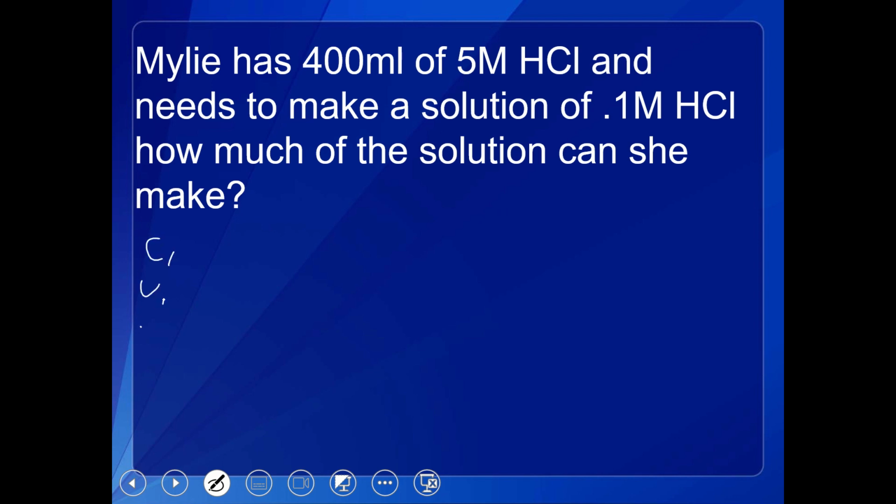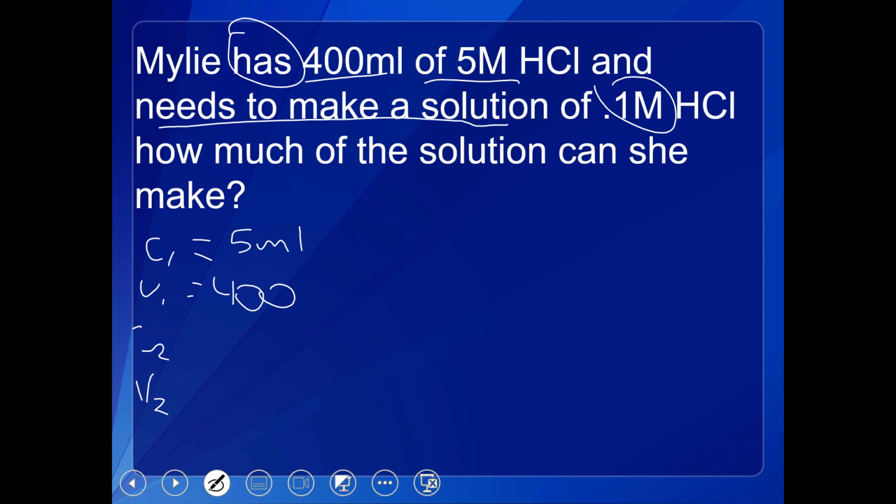C1, V1, C2, V2. So she has, that's going to be your initial volume or your V1. This is going to be your initial concentration. She needs to make, they give you the solution concentration, which is 0.1 moles. We need to know how much she can make, so that's going to be a question mark there.